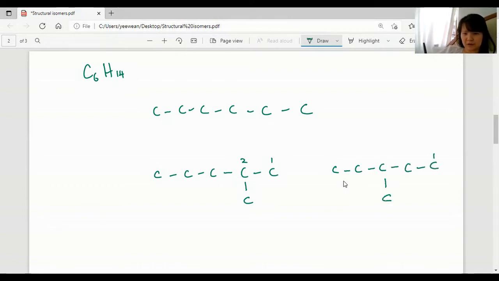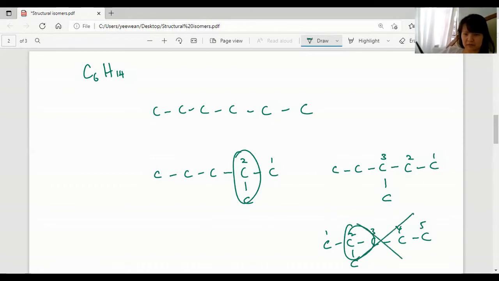Here. So number 3 has the methyl. Can I do another one? 1, 2, 3, 4, 5, and put the carbon here. I shouldn't start counting from the right this time because that wouldn't make the smallest number for the substituent. So I should count from the left instead. So that's 1, 2, 3, 4, 5. It's still number 2, same as this one. So this is not another isomer. So there's 2 of a pentane.